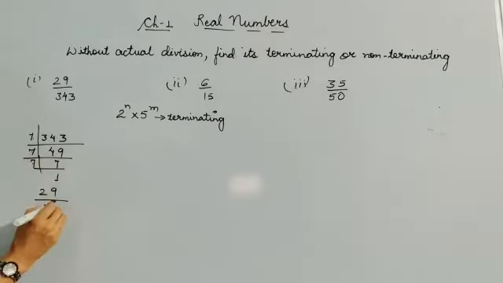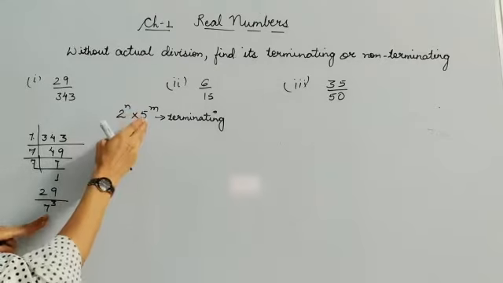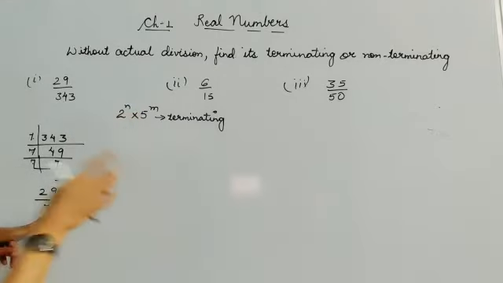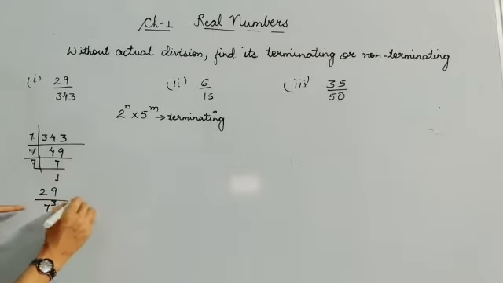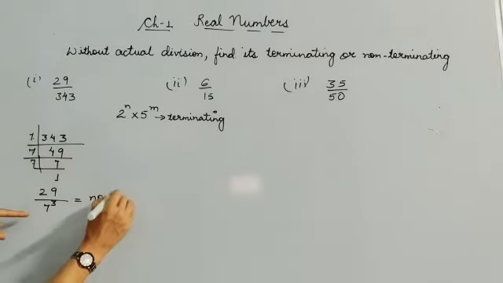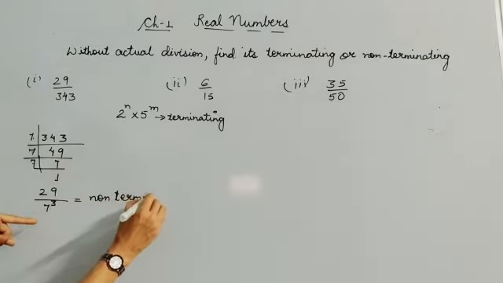So I can write it as 7 raised to power 3. Now, if in the denominator 2 occurs or 5 occurs or both occur, then it is terminating. But here neither 2 nor 5 is occurring. So this is non-terminating.